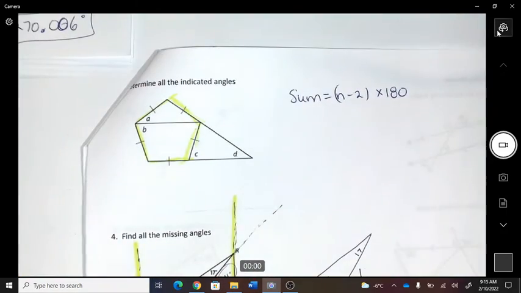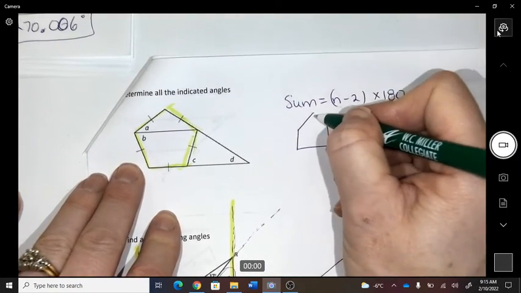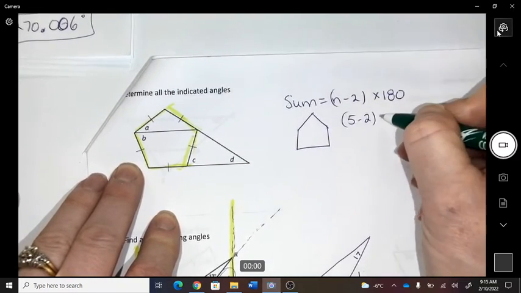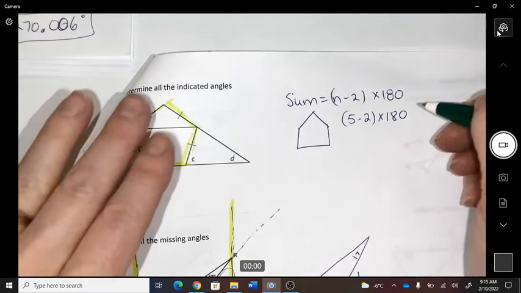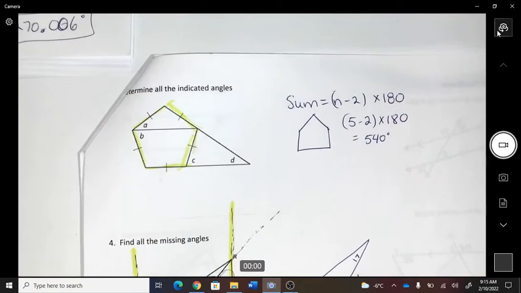How many sides are on that? What do we got there? 5 sides. So 5 subtract 2 times 180. So there's 540 degrees in there.